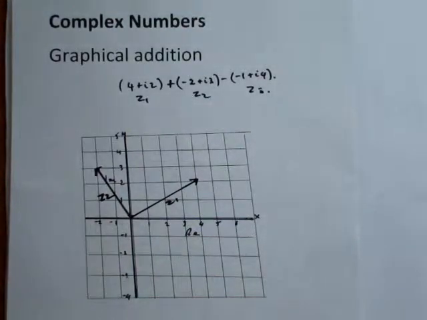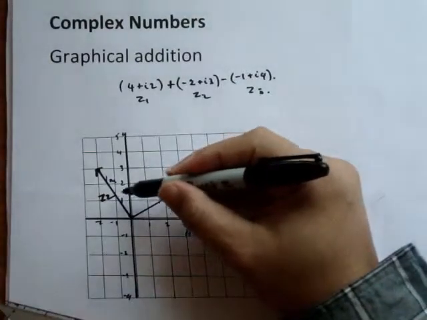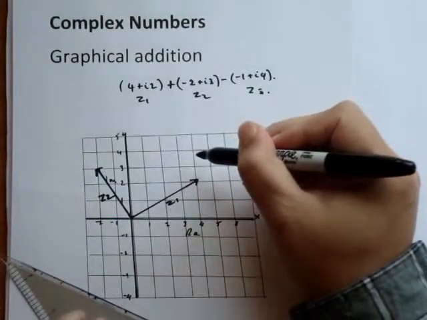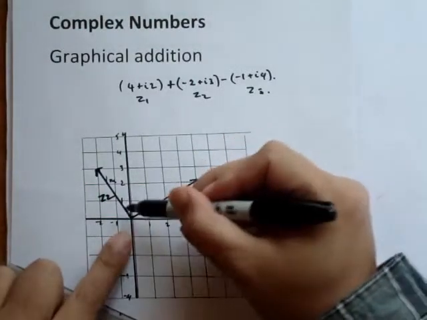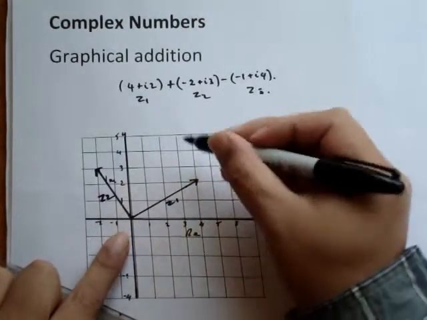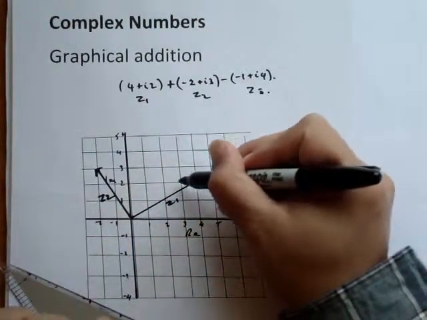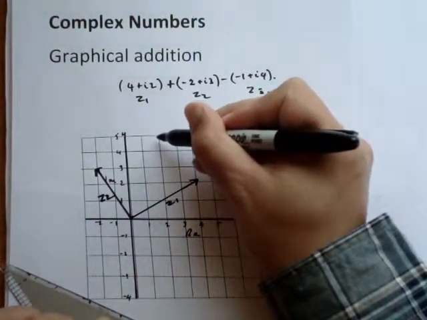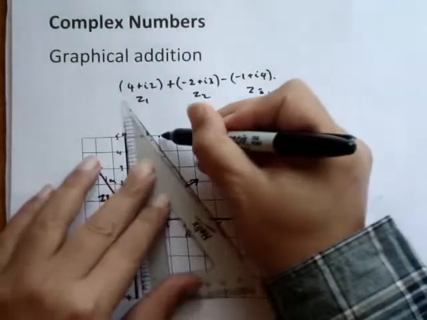Now we want to draw our resultant vector, which would be Z3. So let's add our Z1 and Z2 to form the sides of a parallelogram. So this we're going, let's have a look, 2 across and 3 up. So this would be from this point 2 across and 1, 2, 3 up. So it go up there.